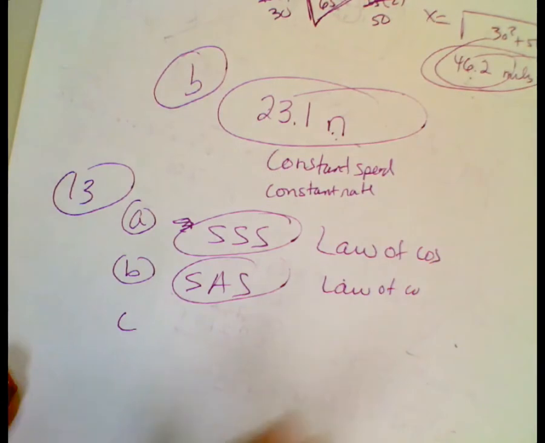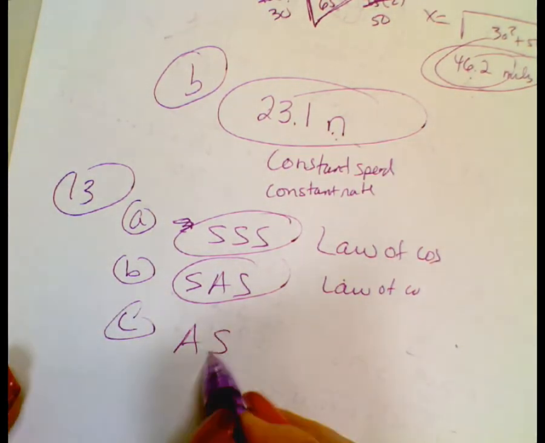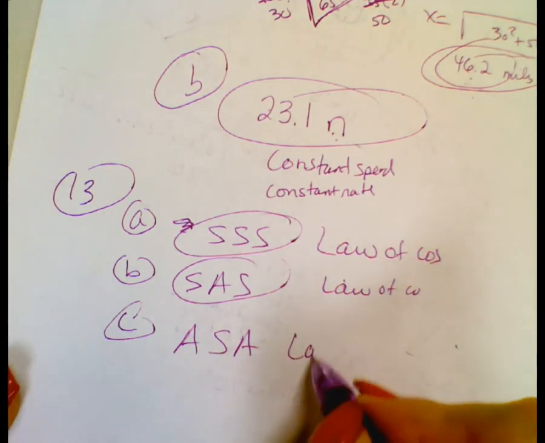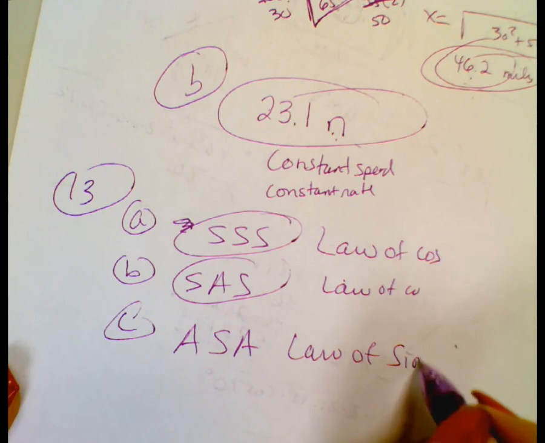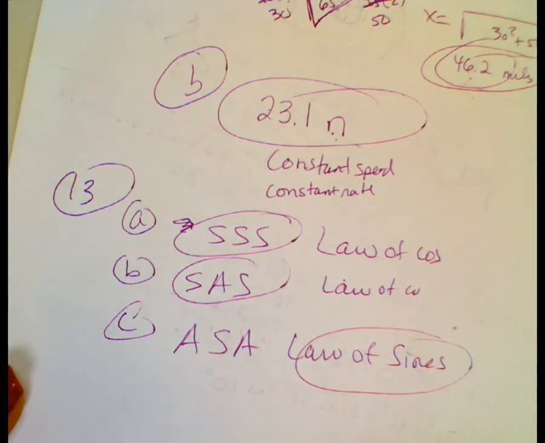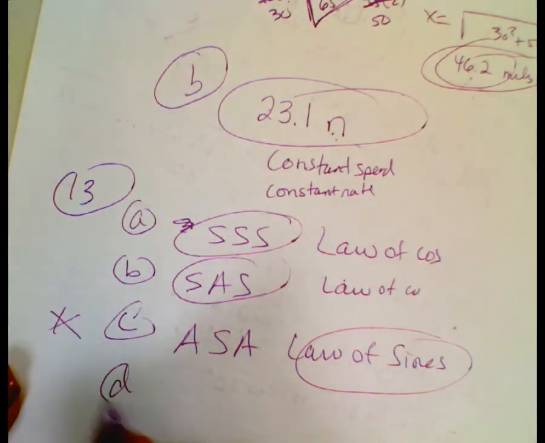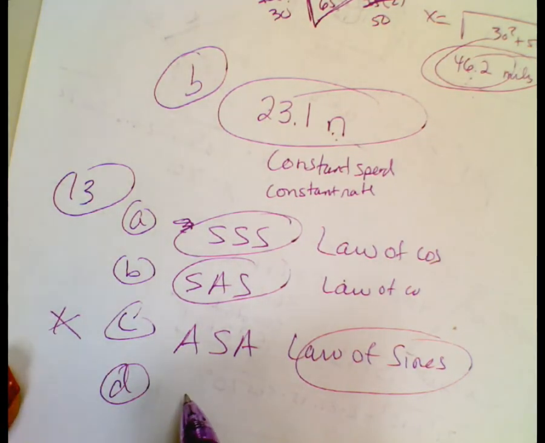C, it said 2 angles and the included side. That's what that looks like. This one, we're actually going to be using the law of sines, and we're going to be using that next week. So it looks like the answer so far is C. And then D, it says 2 sides and a non-included angle.